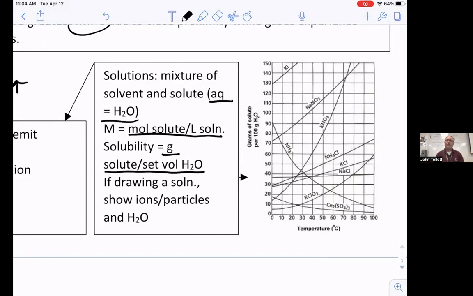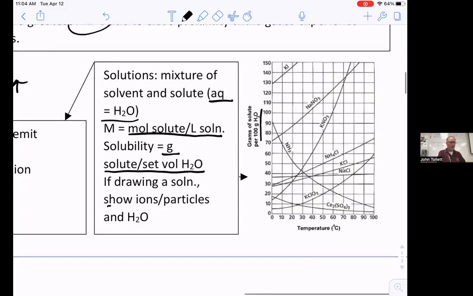But if you were just determining solubility, say from graphs, usually it's in grams of the solute per 100 grams of the solvent. If you're drawing a solution, make sure that you show your ions, particles, and the water molecules. We've done this a lot this year. If you've got a K+ ion, you can draw it however you want, and you can include a little key.